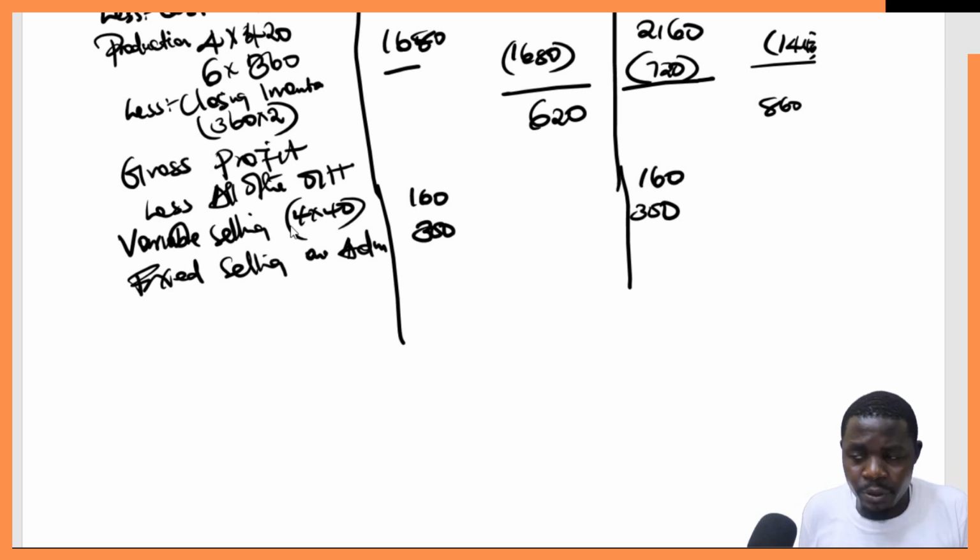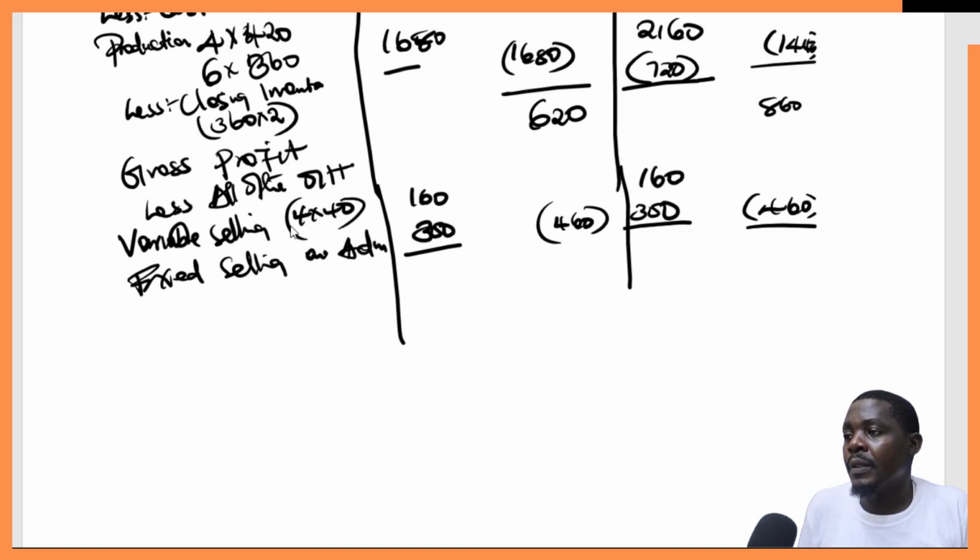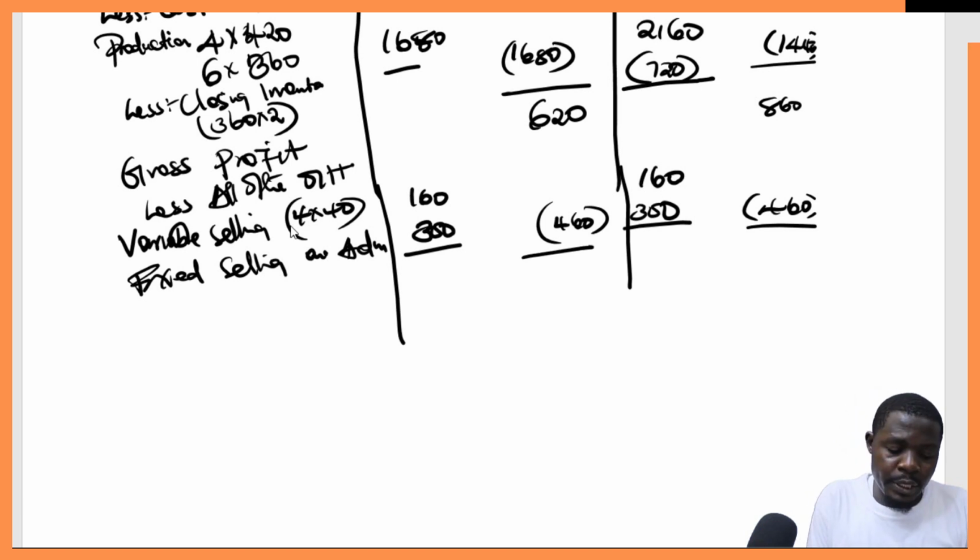From my side, I don't see any. If we add here, we are getting 460 and the same 460. 620 minus 460, have a profit of 160.